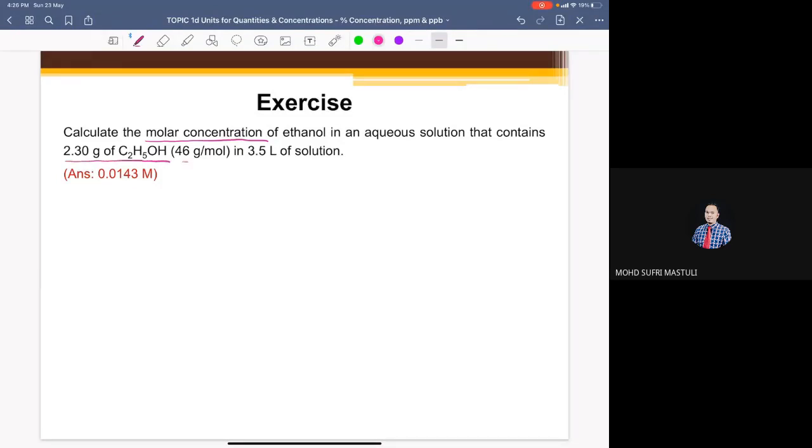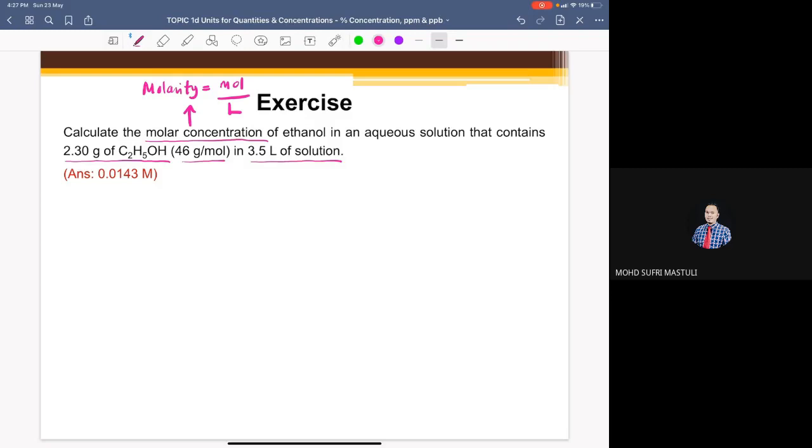This is the molar mass of ethanol. This is the volume of the solution. So it's asking you about molar concentration. Molar concentration is mole per liter.